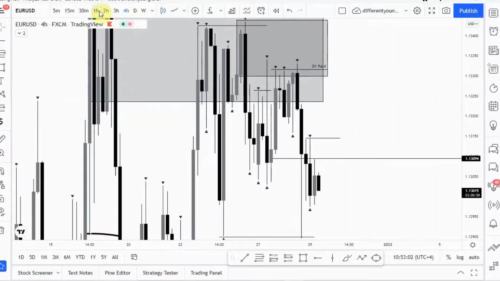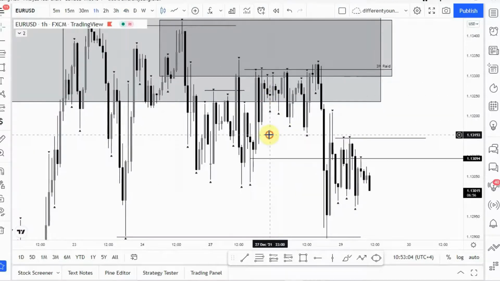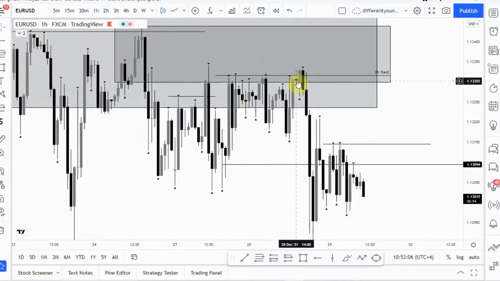So let's go to the 1H time frame again to see what happened here. As you can see, first candle closed as on red, so there's no 15-minute MSB. So let's go to the next candle. We can see here closed above, so this 1H becomes invalid.